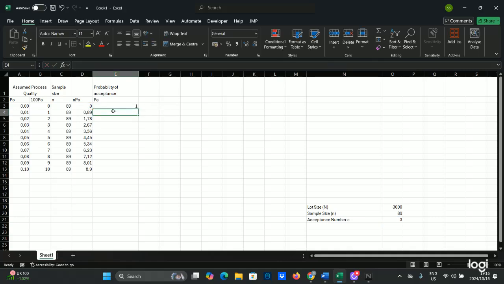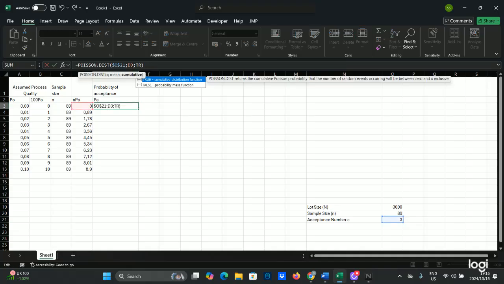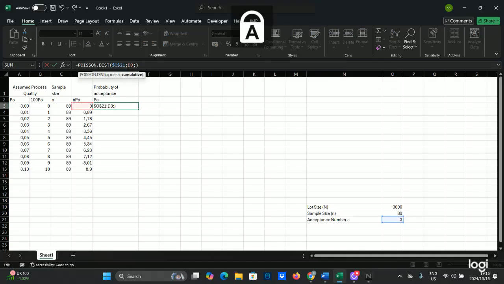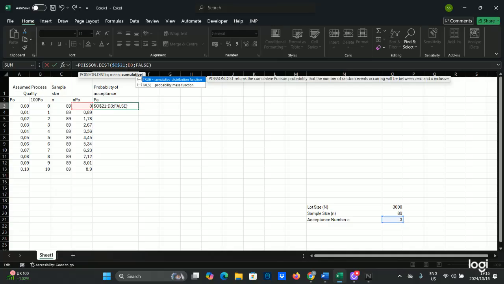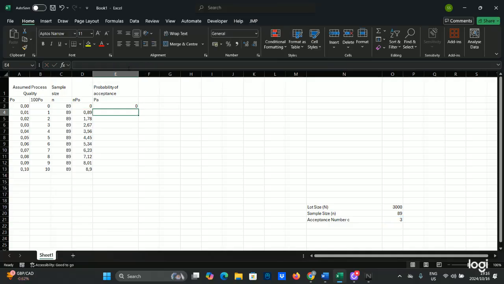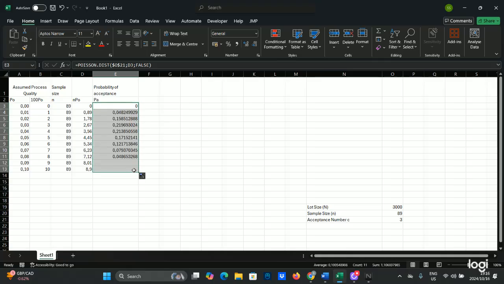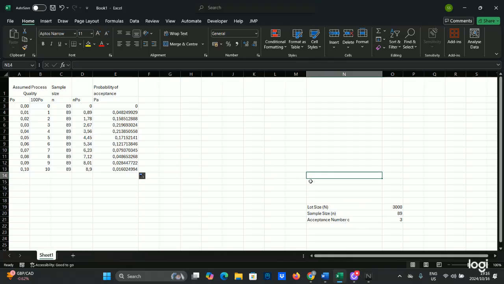So let's run an experiment now. Let's say I were to put this as false, just to demonstrate something, and then I drag this throughout. Now my acceptance number is 3, so my probability of acceptance is going to be P of 3 or less.